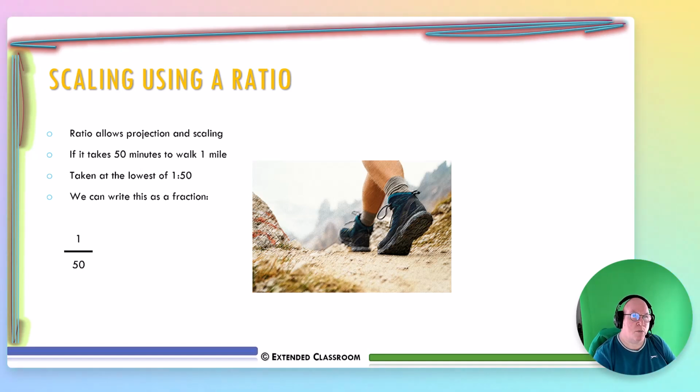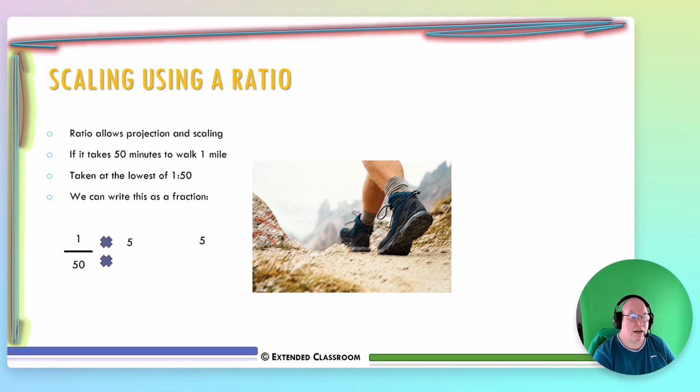So scaling up is quite simple if we just scale it like so. If we're going to say 1 mile takes us 50 minutes, so it's a ratio of 1 to 50, and we keep on walking at a constant rate, then what happens if we do 5 miles? If we multiply that by 5, we get 5.